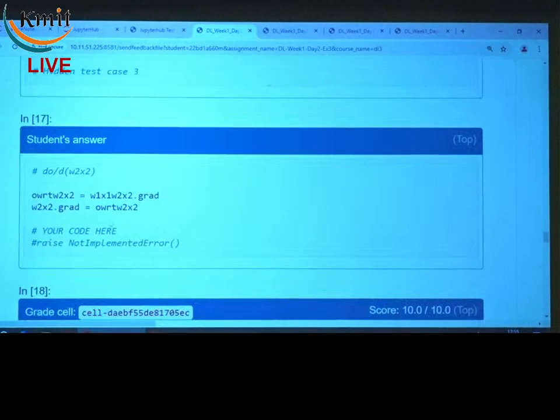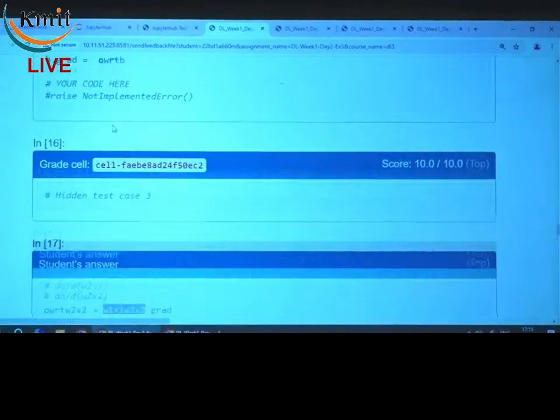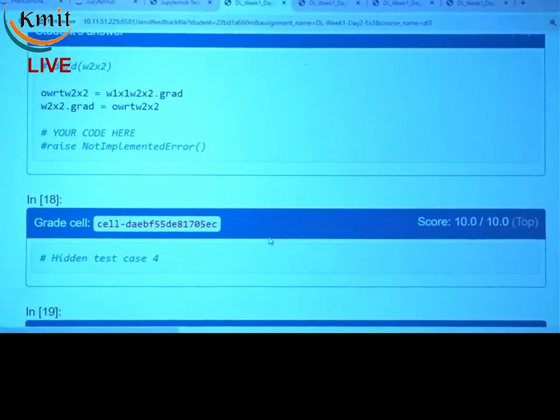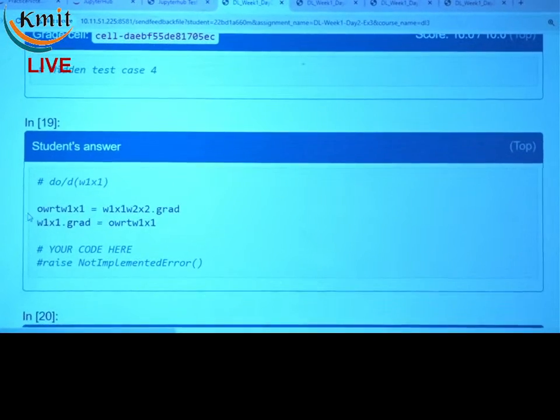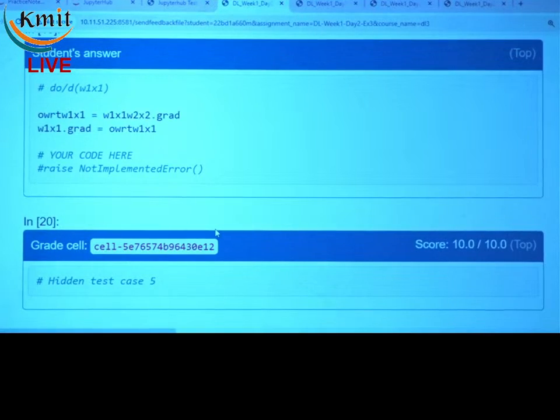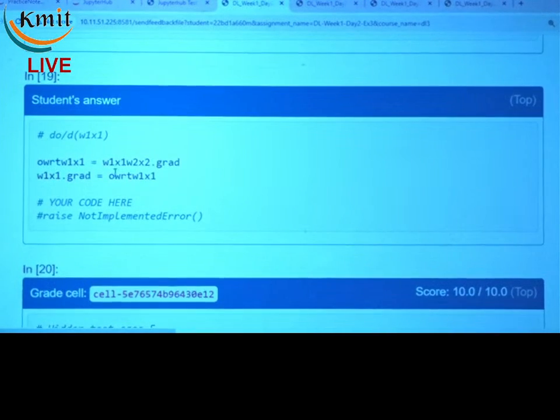Then with respect to w1 x1 and w2 x2, whatever the gradient is will flow back because of the plus. See, the gradient is equal. It is coming back as it is.